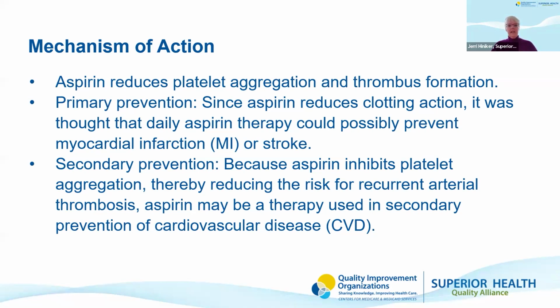And in secondary prevention, because it inhibits platelet aggregation, the thought is that we're reducing the risk for recurrent arterial thrombosis. And that is why it was used, or is used, in secondary prevention of cardiovascular disease.